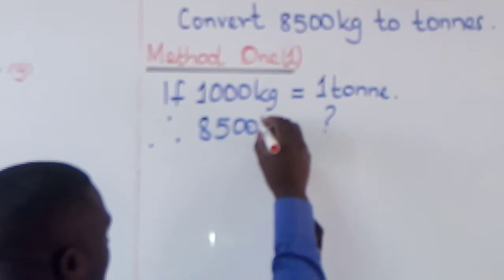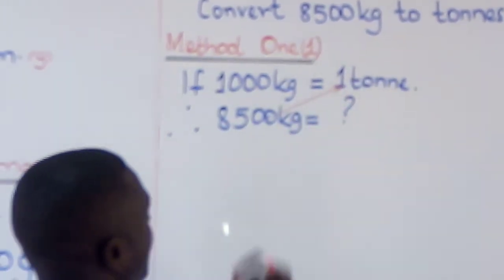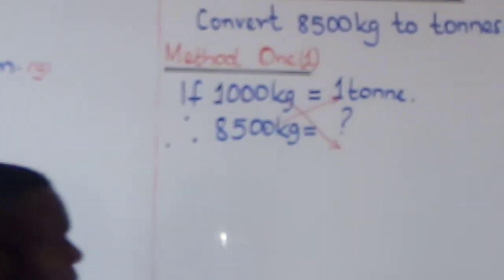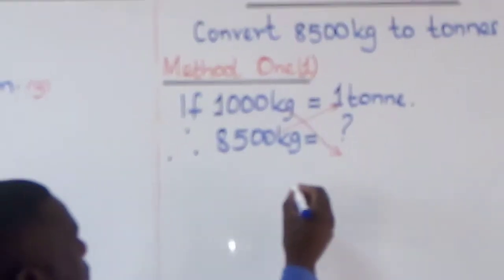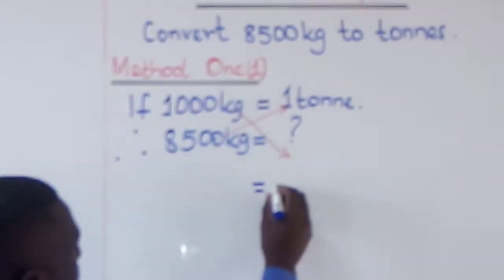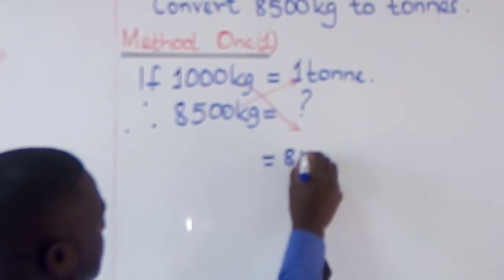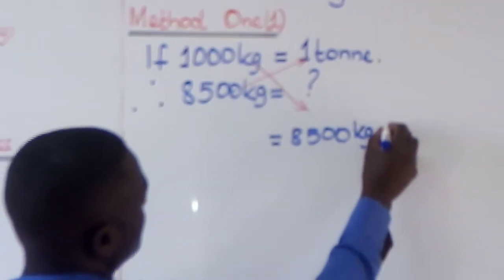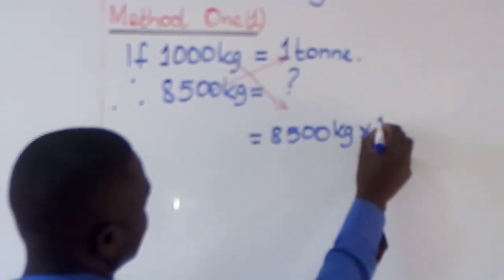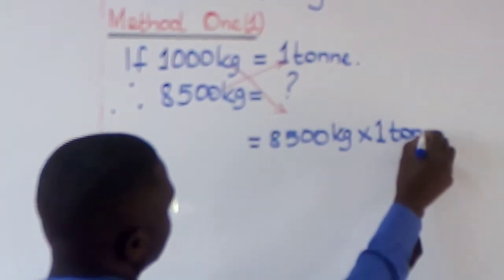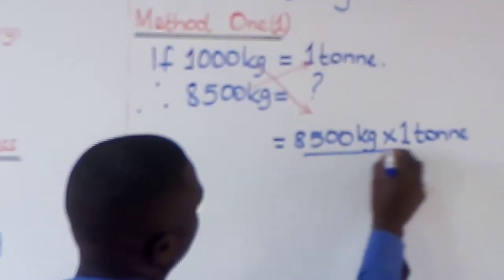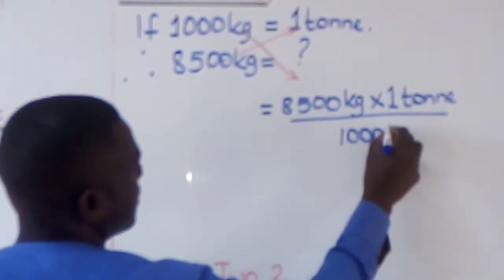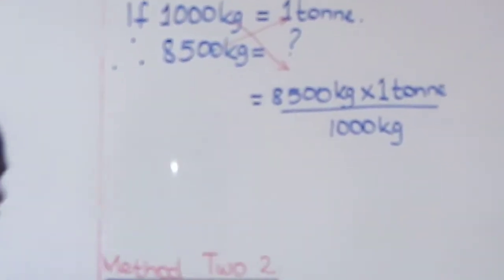So we multiply 8,500 kilograms by 1 ton, all over 1,000 kilograms. Are we together?